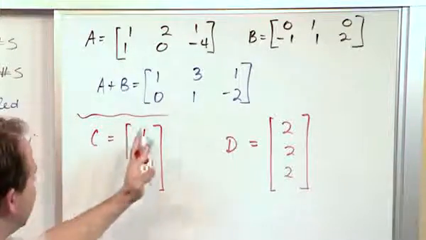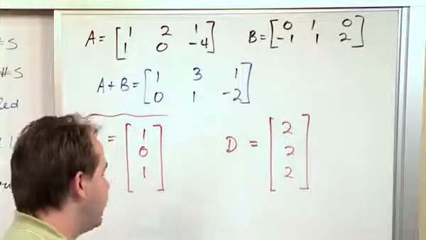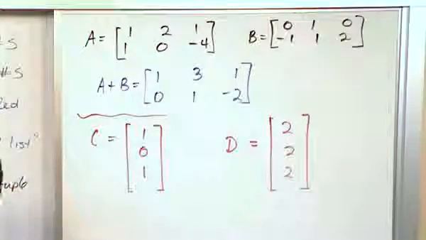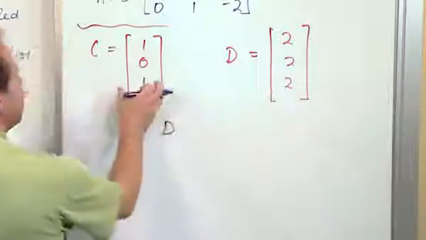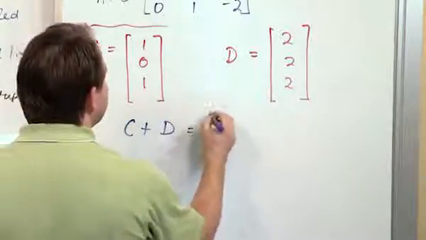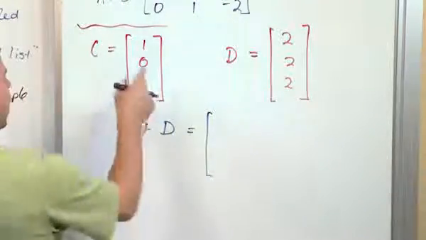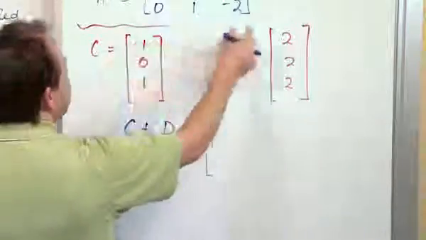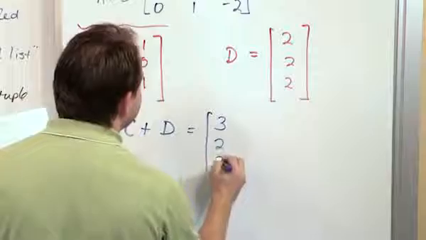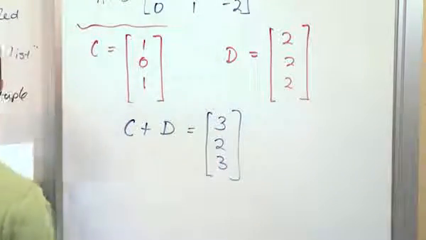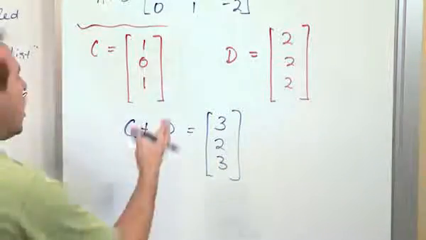It's got 3 rows and 1 column. So if we want to add these together, we can say C plus D works just fine because the dimensionality is the same between them, and I have to represent the answer in column form. 1 plus 2 gives me 3, 0 plus 2 gives me 2, 1 plus 2 gives me 3. So the answer is 3, 2, 3 represented as a column matrix.